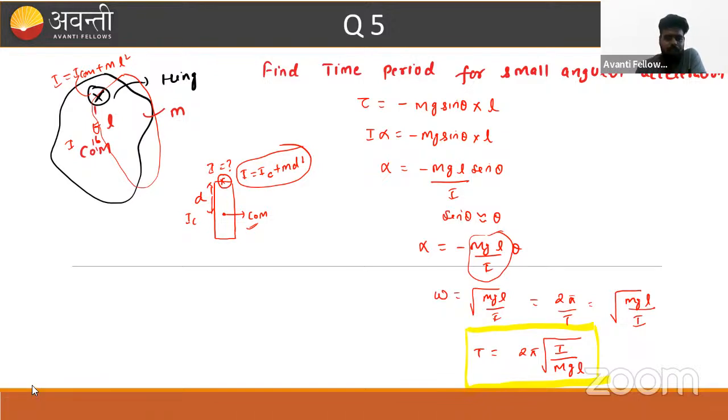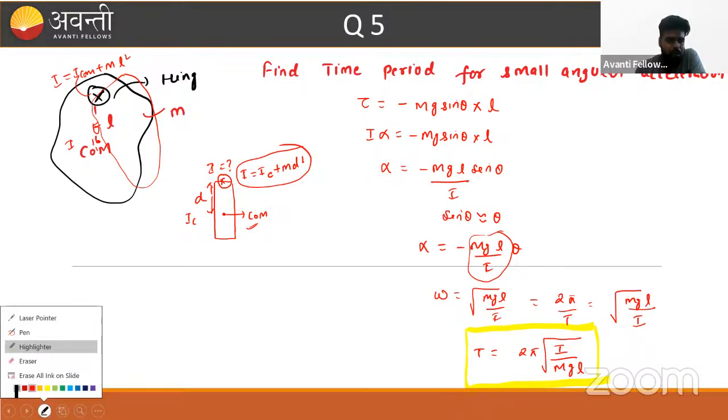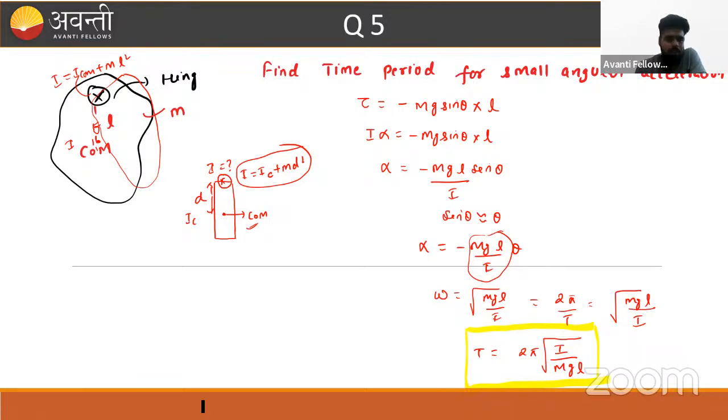So we simply say that I is the moment of inertia about the hinge point, the point at which it is hinged. So here this I is I hinge. And what is L here, beta? Distance of the center of mass of the body to the point of suspension. I hope you can remember this formula and always keep it in your mind.